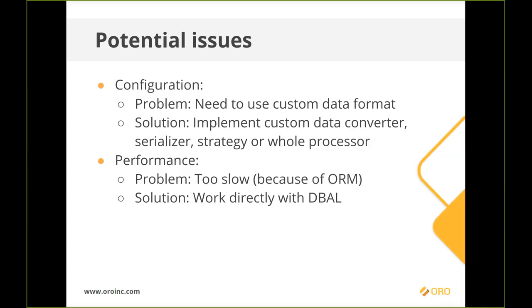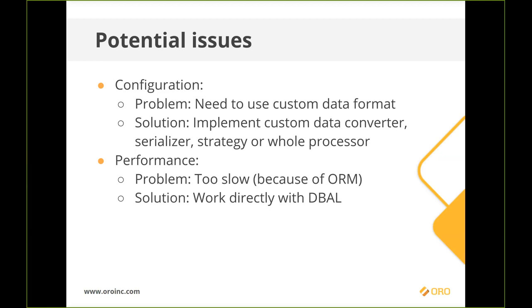So you can change the data converter, serializer, or the strategy, or even the whole processor. For example, if you have something very simple, like simple CSV import, you don't need any relation, don't need any normalization. In this case, you could create your processor that will not be calling converter, serializer, or strategy, and it will just process the data.